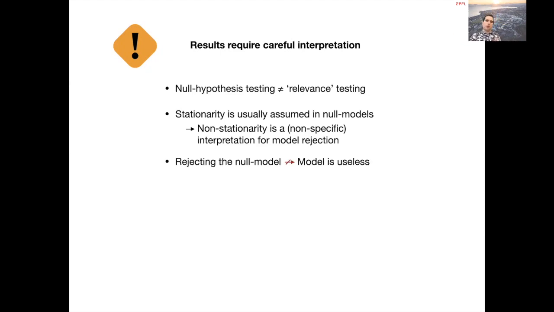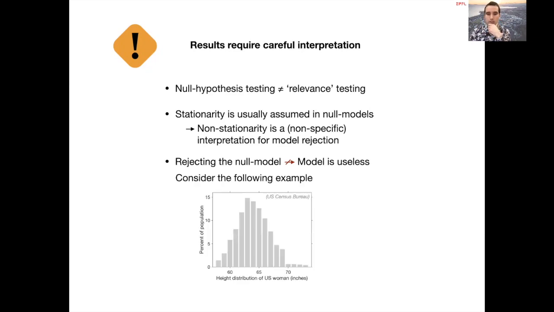And finally, and maybe most importantly, rejecting a null model does not mean that the model is useless. Just to give you some intuition on this, consider the following example of the distribution of women's height in the US.